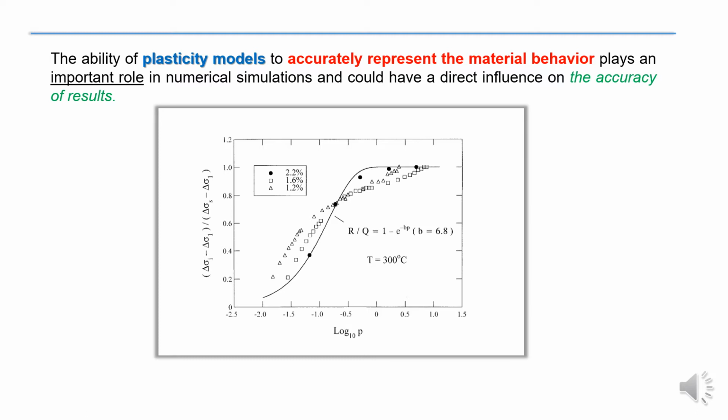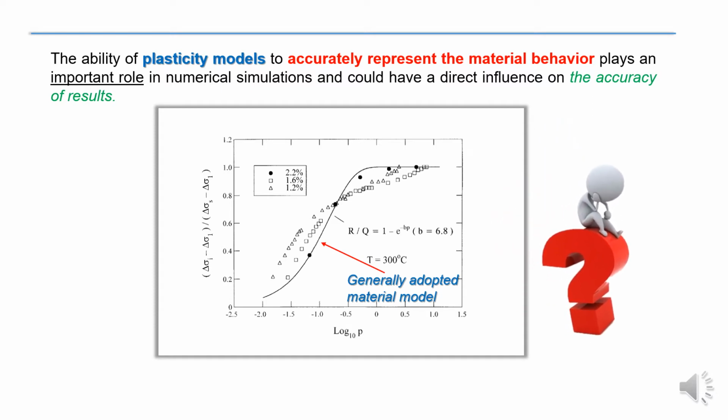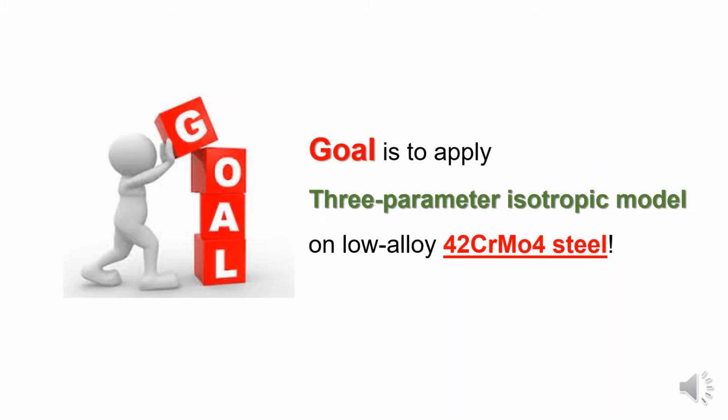So, what should we do when the generally adopted material model is not able to capture the trend observed by the experimental data? A possible solution is to try to test a new model. The aim of this work is to apply a recently developed three-parameter model to better replicate the softening evolution of the chromium molybdenum steel.